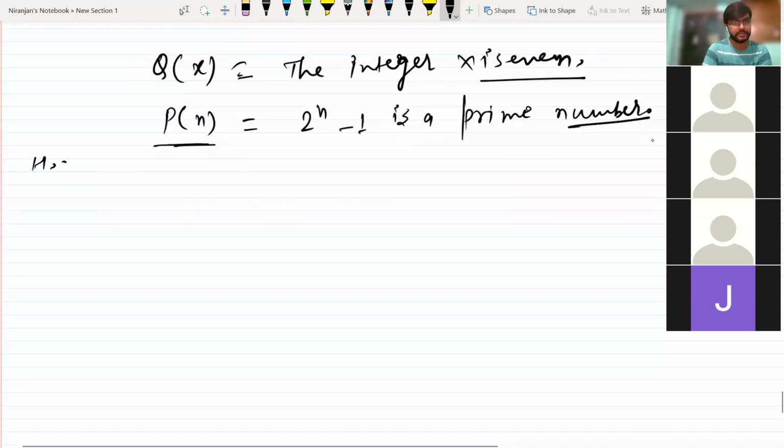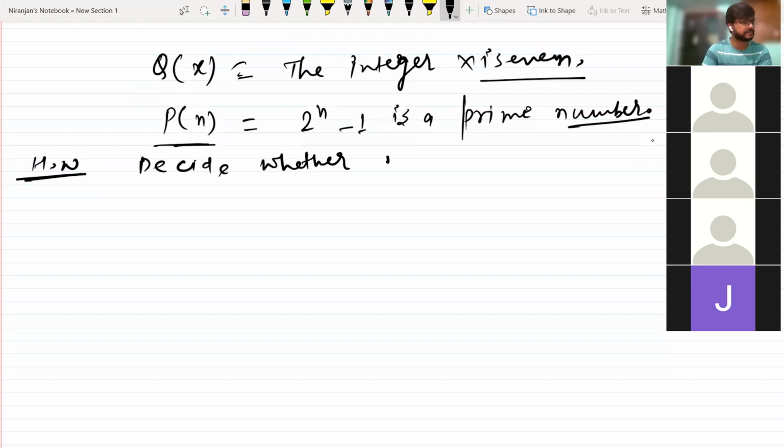So let's take some homework. You need to just decide whether or not the following are statements.